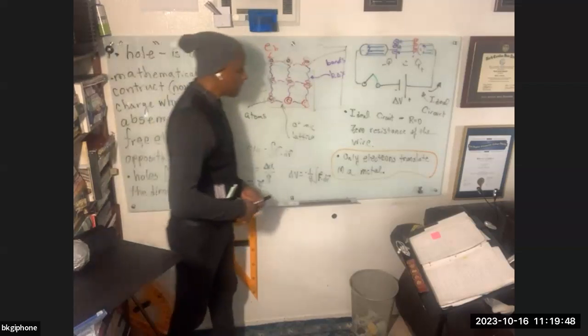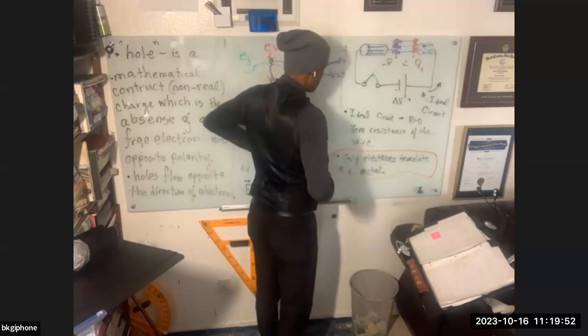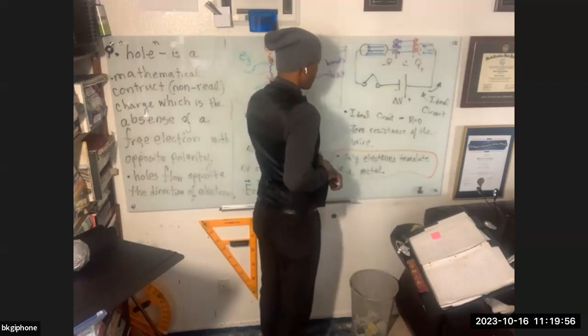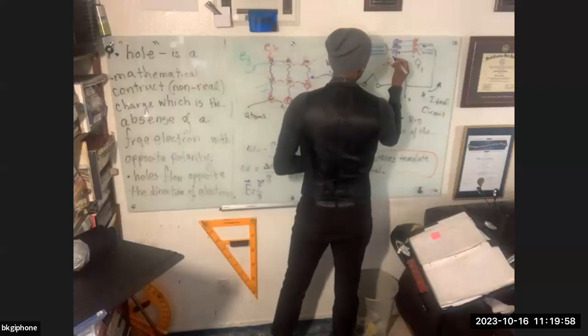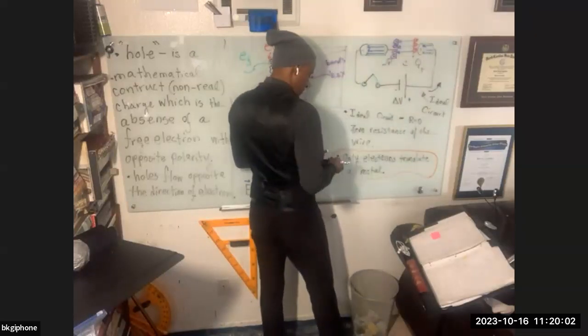So it just continues to do that until the capacitor is fully charged, and it's going to be fully charged at this point right here, when this thing is delta V, and it's maxed out.